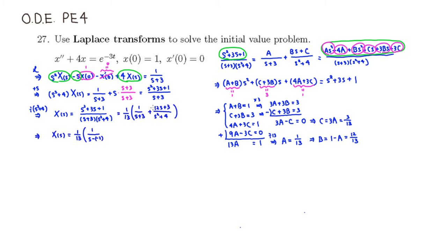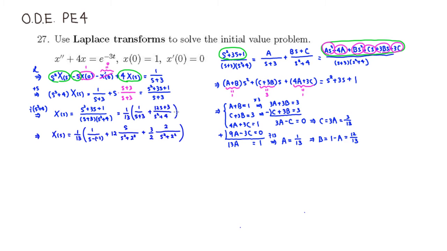This one, 12 outside, then we have s over s squared plus, I'm going to write 4 as 2 squared. And then plus, I'm going to put 3 in front. Then I would like to have 2 on top, so I'm going to put 2 here and 2 on the bottom so we don't change anything. Then you have s squared plus 2 squared.